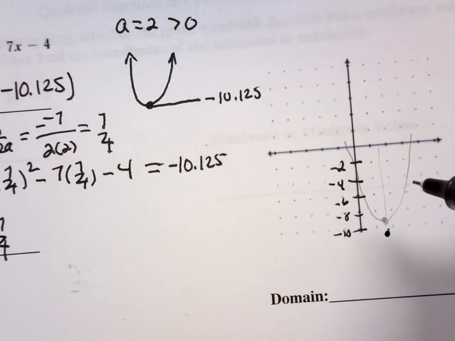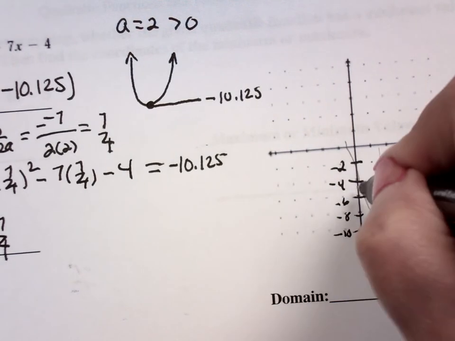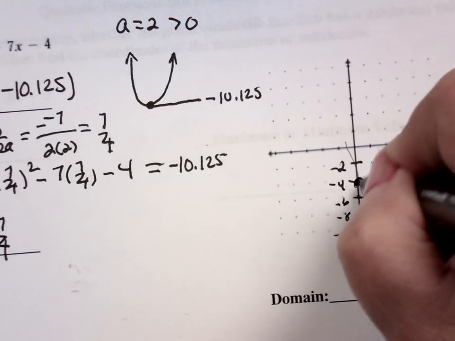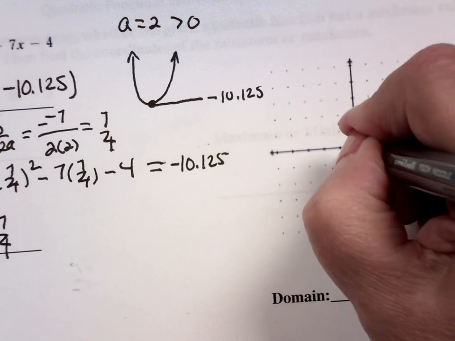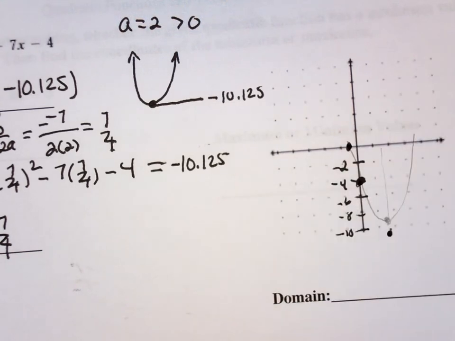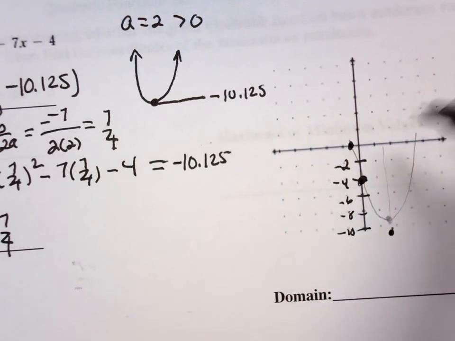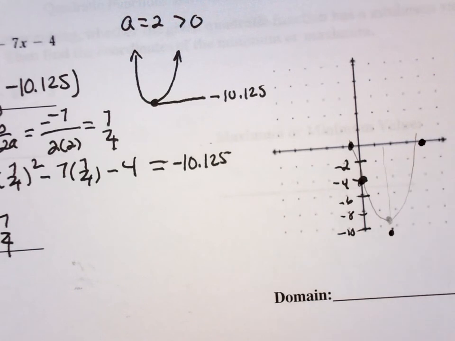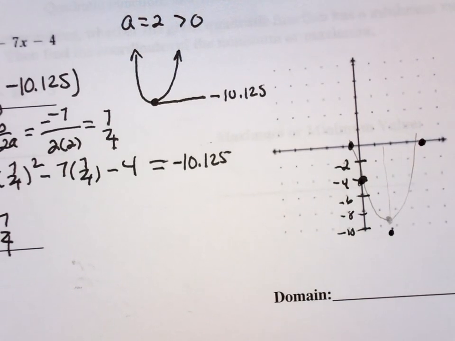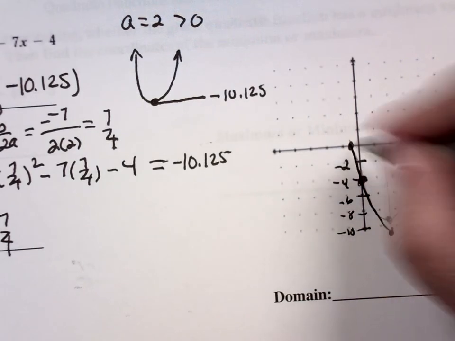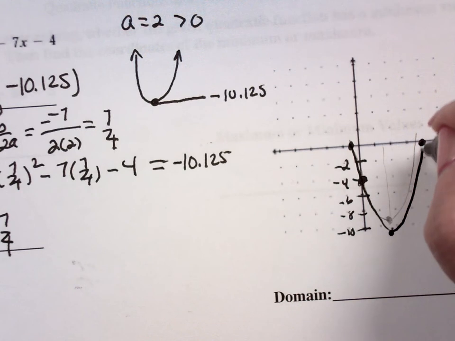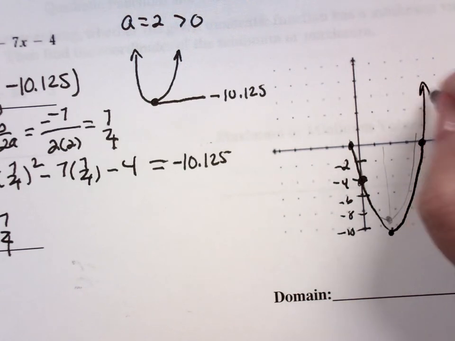The y-intercept is going to be 0, negative 4. I have x-intercepts at negative 1/2, 0. I was pretty close, look at that. And 4, 0. So my pencil wasn't too bad. And now I draw the bowl, and then it just keeps going out from the bowl.